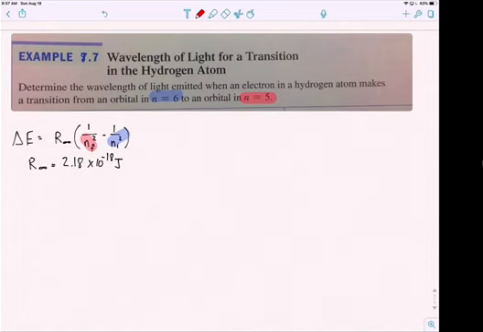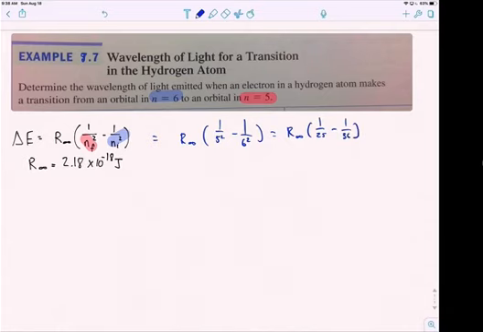The change in energy is the Rydberg constant, 2.18 times 10 to the minus 18 joules, times final, 1 over 5 squared, minus 1 over 6 squared, which is Rydberg times 1 over 25 minus 1 over 36.